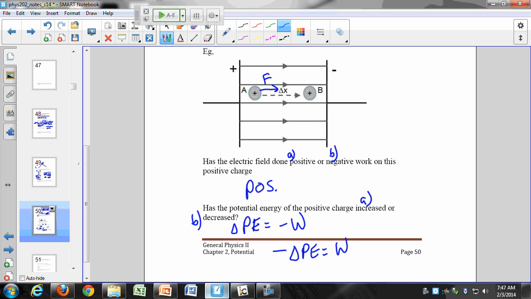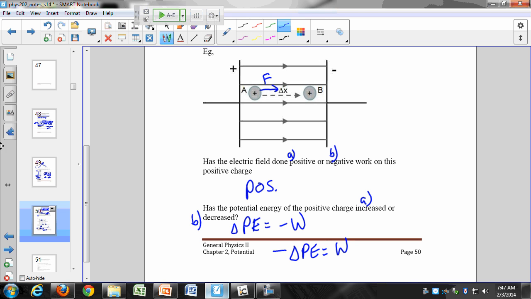So that's how we determine the direction of the electric field. We take our positive test charge out of our pocket and put it in the field and ask ourselves what's the direction of the force. Because the force and the field are basically the same. The field just describes the force. That sounds very ominous, doesn't it? The field describes the force.